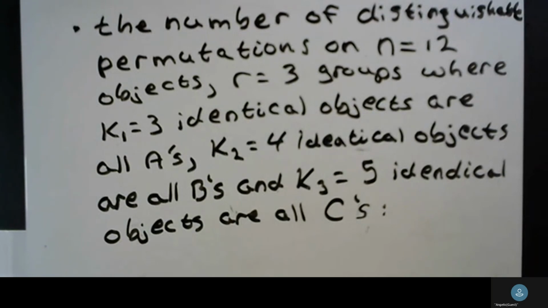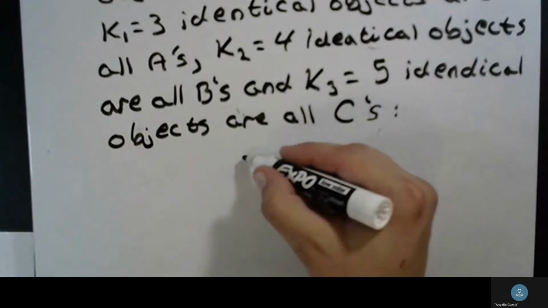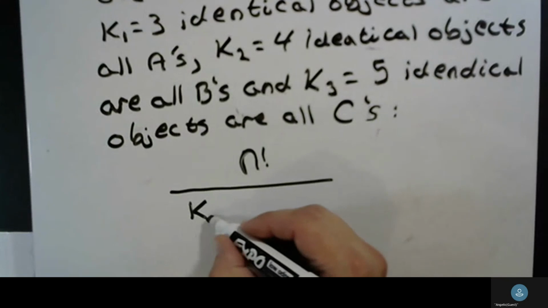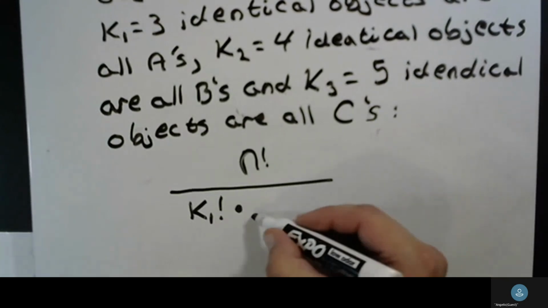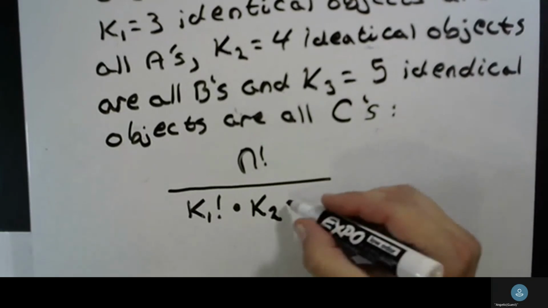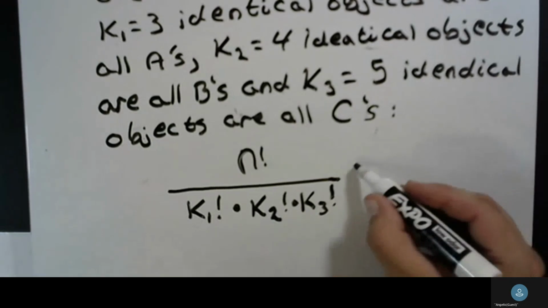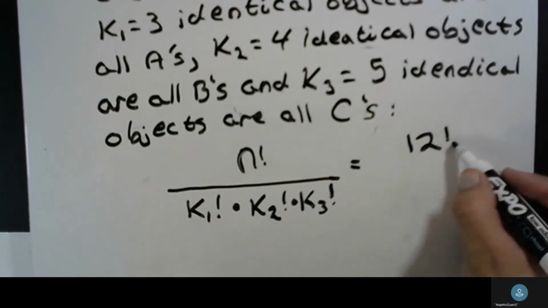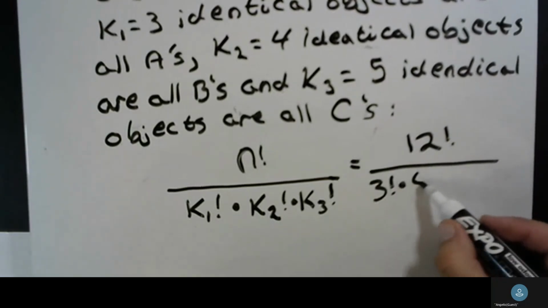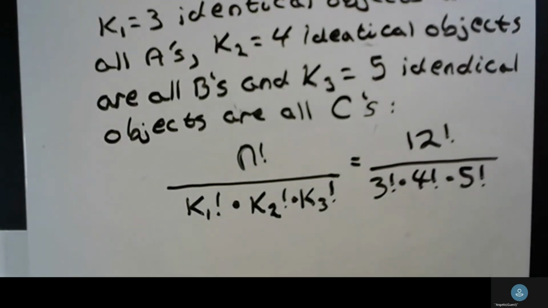And so the way we figure this out is we take the total number over K1 factorial times K2 factorial times K3 factorial, which will be 12 factorial over 3 factorial times 4 factorial times 5 factorial.